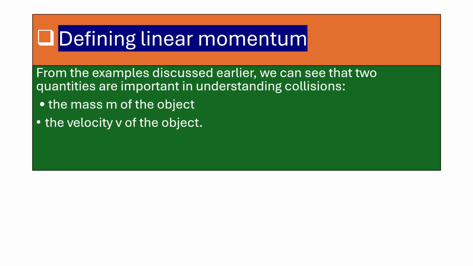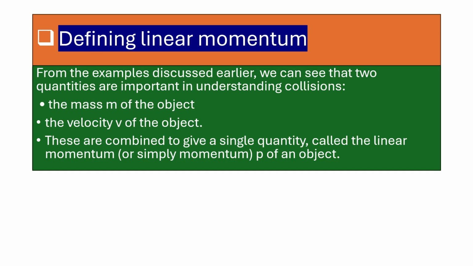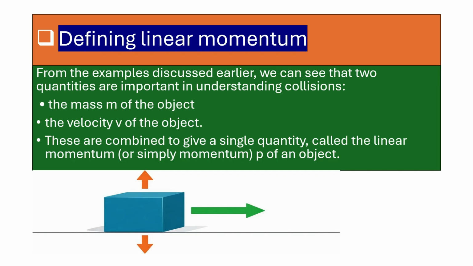So students, you need to remember these two things very clearly. These are combined to give us a single quantity, which is called the linear momentum, or you simply term it as momentum, and denoted by small p of an object. So when the mass and velocity of the object combine together, we term it as momentum.